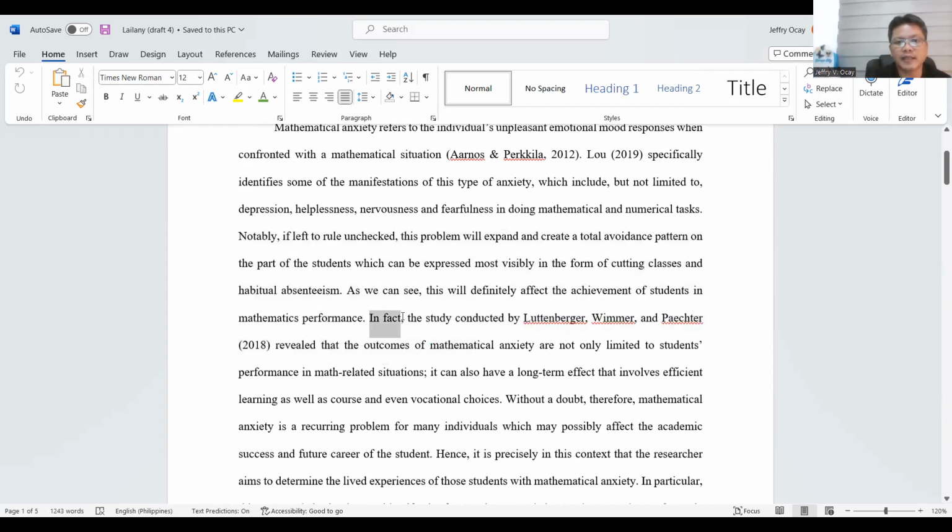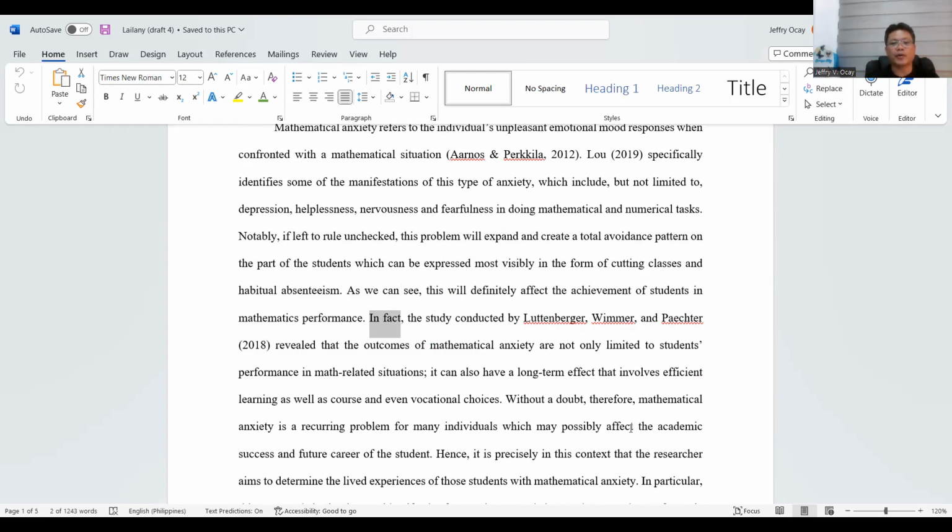And then in the next sentence, we provided some justification, or proof to that. Then we say, in fact, the study conducted by Luttenberger, Wimmer, and Peichter revealed that the outcomes of mathematical anxiety are not only limited to students' performance in math-related situations. It can also have a long-term effect that involves efficient learning, as well as course and even vocational choices.